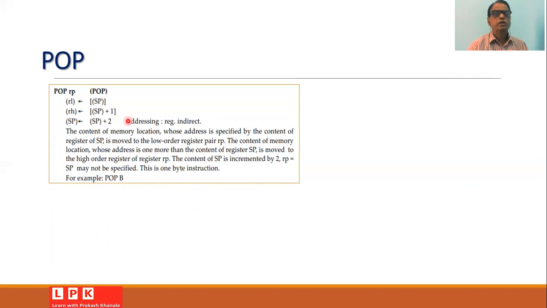In this instruction, the content of the memory location whose address is specified by the content of the stack pointer is shifted to the lower order register of the register pair, that is RL, and the content of the next location is shifted to the higher order register of the register pair RP, and the content of the stack pointer is incremented by 2. So this instruction is also a 1 byte instruction, and it can be written such as POP B.